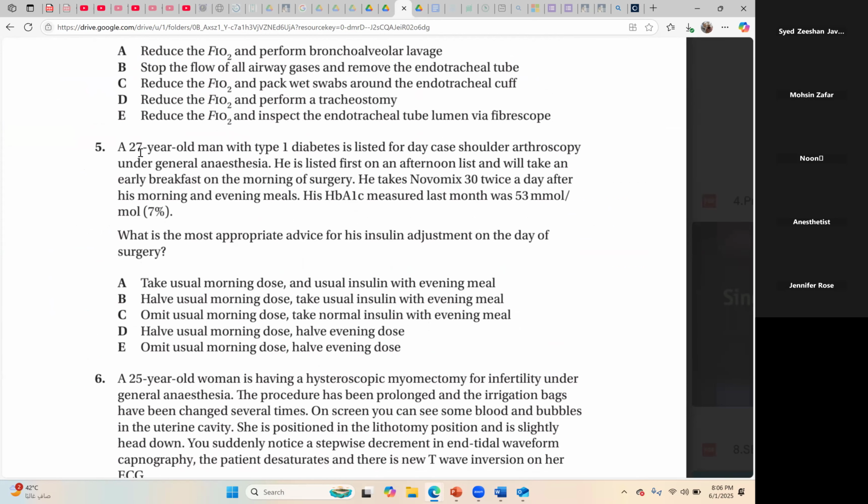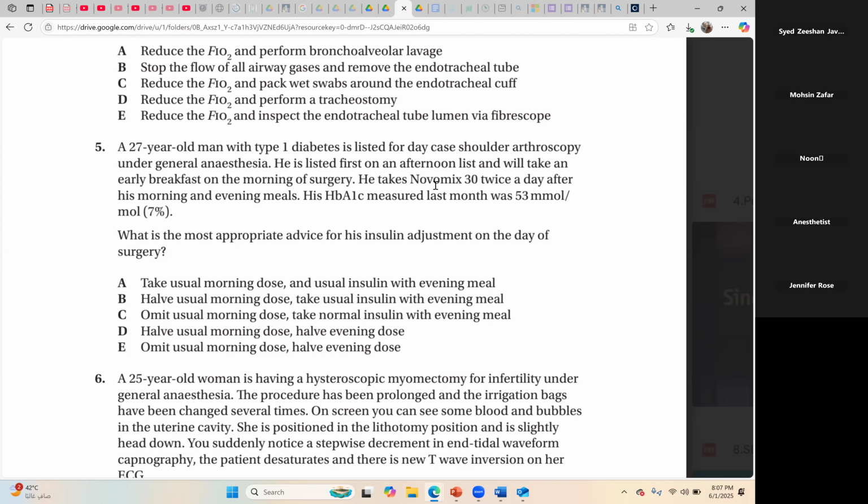Okay. A 27-year-old insulin-dependent diabetic is listed for a day case shoulder arthroscopy under GA. He is listed first on an afternoon list, and will take an early breakfast on the morning of surgery. This is again not in our setup. It's not a frequent practice, but there they do it like this.